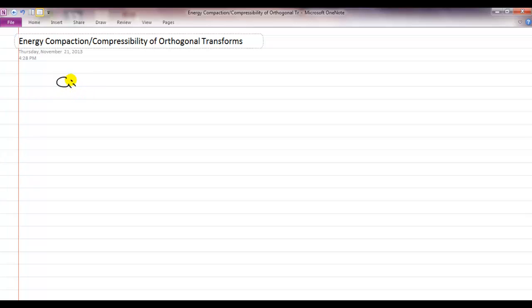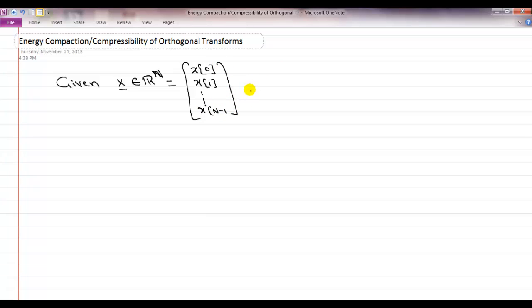So remember, the definition of orthogonal transform is that you are given a vector in R^N, where we construct the vector by putting the samples x0, x1 up to x of N minus 1.